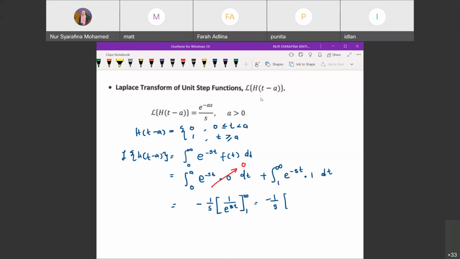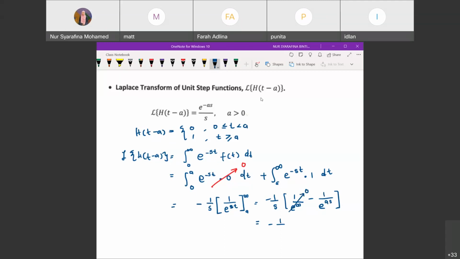Sorry, this is a, right? So 1 over e to the infinity times s, so infinity, minus 1 over e to the as, which equals, this one is 0.